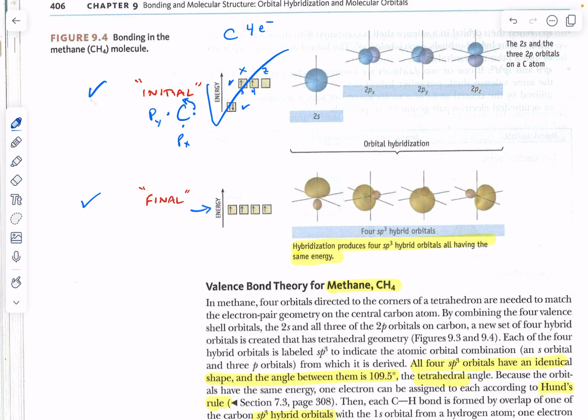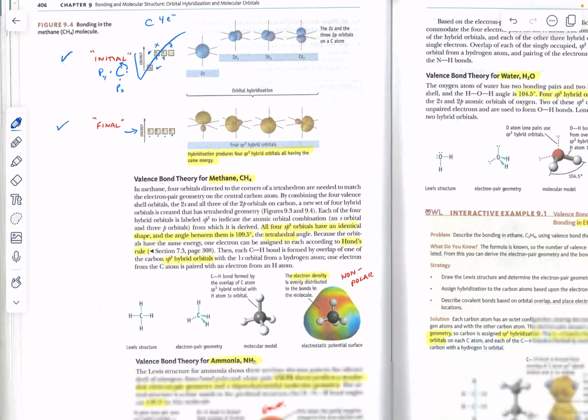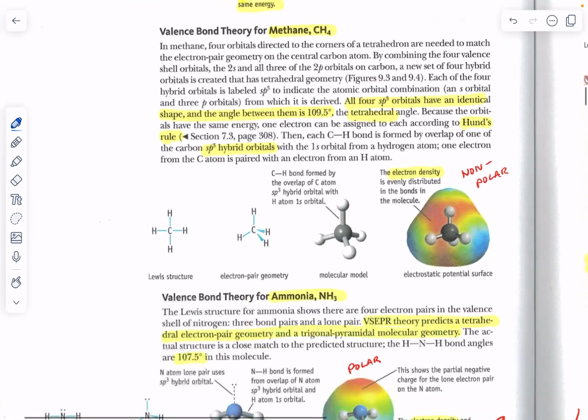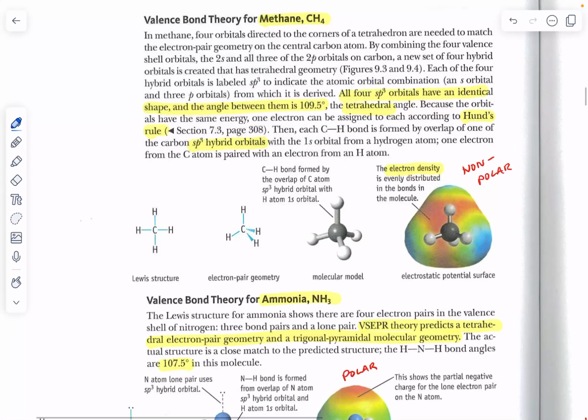And so what are we going to call each of these 4 orbitals? We are going to call each of them an sp3 orbital. So sp3 orbitals means you have 4 of them. If you have 4 orbitals, then they're all sp3. And that's applying the valence bond theory to methane.